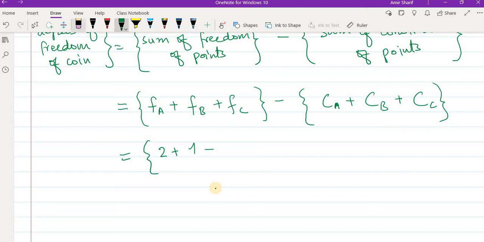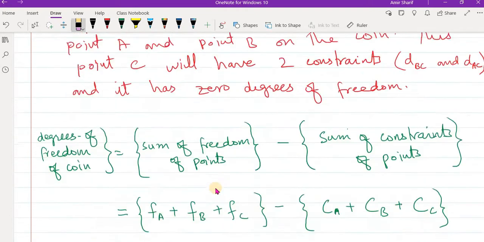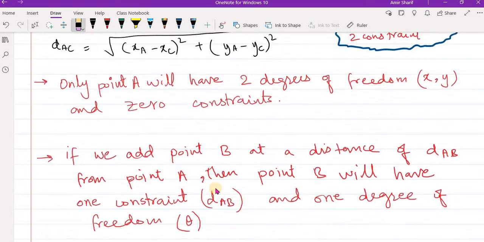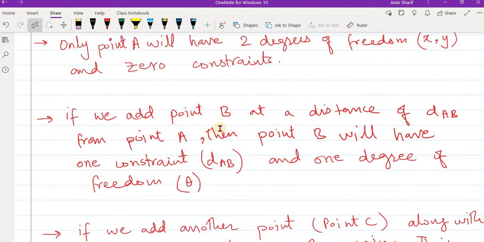Okay, here actually this freedom of points is the original freedom, not after subtraction. So we need to clear that. Remember, when we pointed out the freedom of point A, we said it has 2 degrees of freedom and 0 constraints. But for B, originally it had 2 freedoms because it's also a dimensionless point.